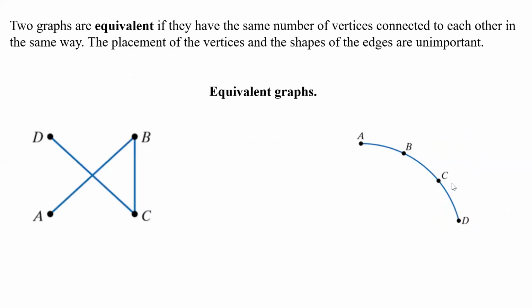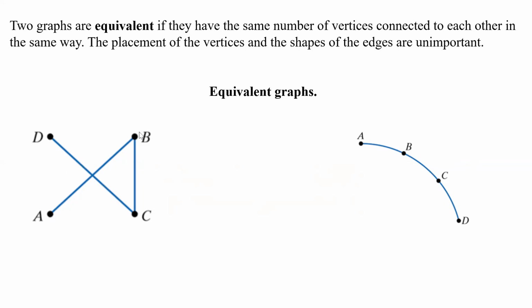All right. So two graphs are equivalent if they have the same number of vertices first, and they're connected to each other in the same way. So the placement of the vertices and the shapes of the edges are unimportant. We can see these two graphs are equivalent because we have one, two, three, four different vertices here, and one, two, three, four different vertices here that are labeled the same, and they're connected in the same way.